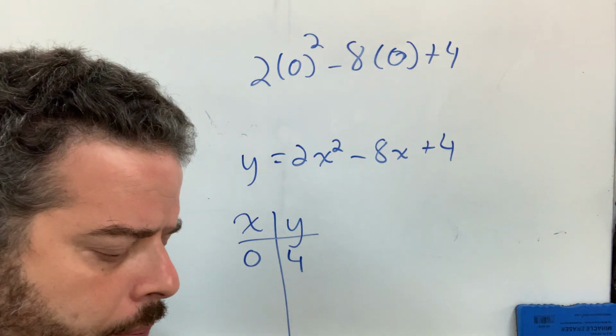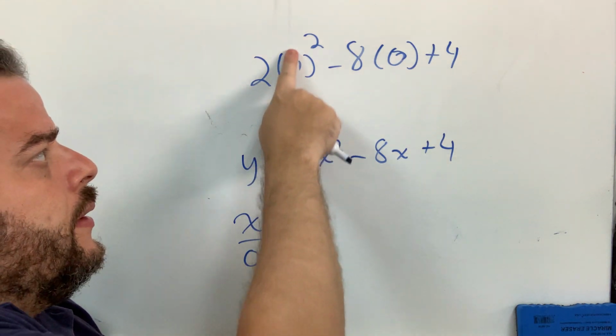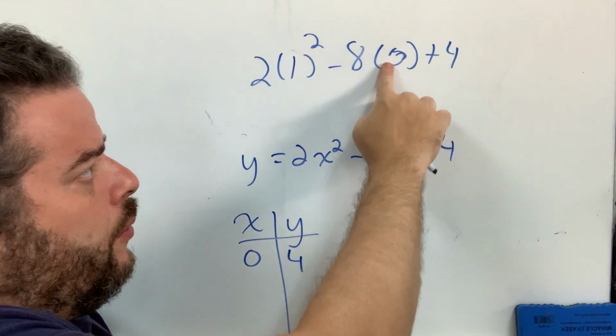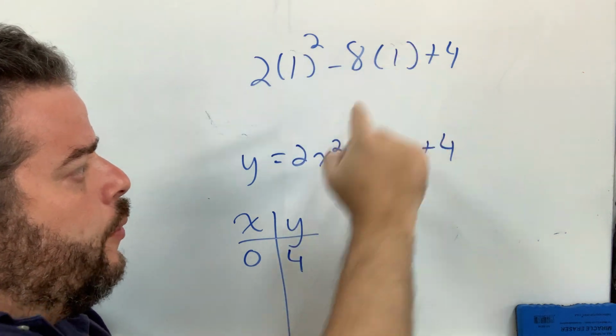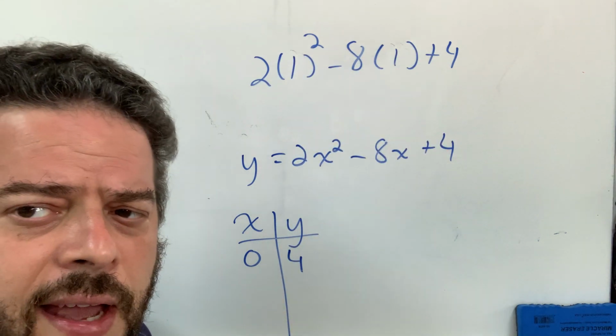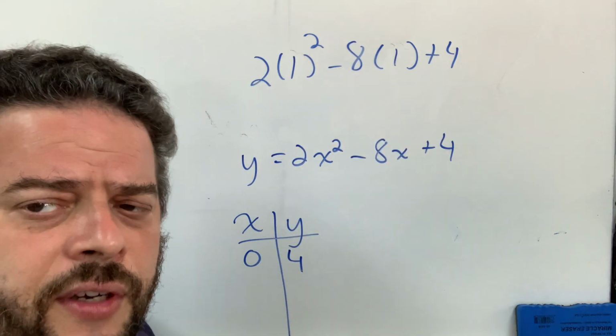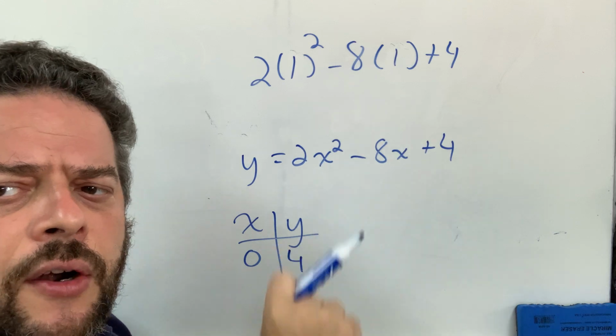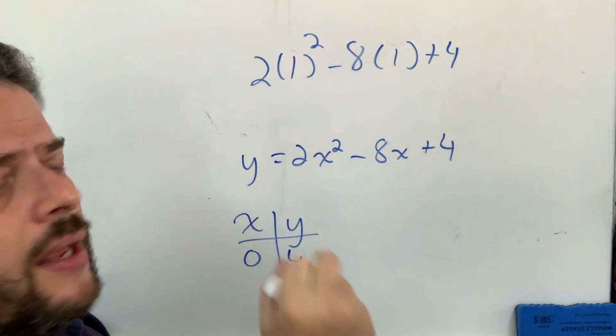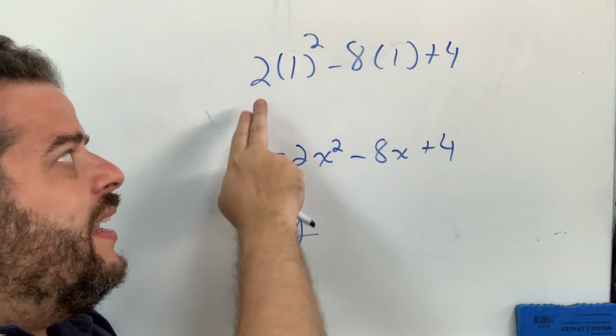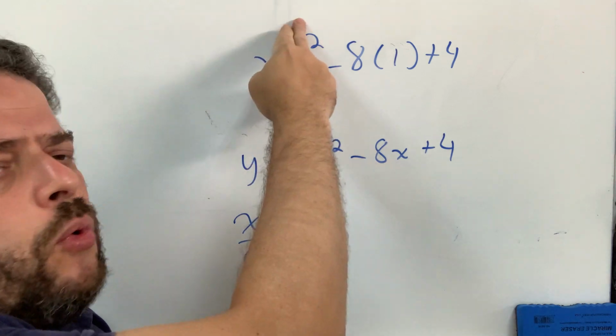I use another number. Let's go with 1. Now let's switch this variable for 1 and this variable for 1. All x's do have to have the exact same number. You cannot put a 1 here and a 0 in the other x. No, same letters are substituted by the exact same values. Now again, remember, PEMDAS. It is not 2 times 1, 2 squared, 4.